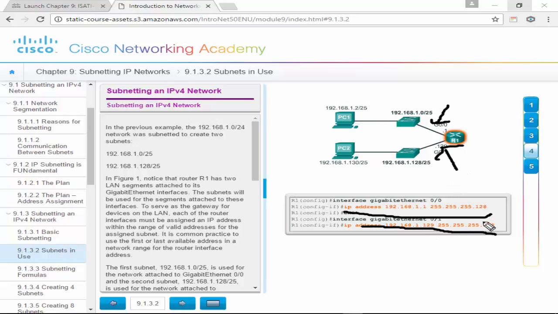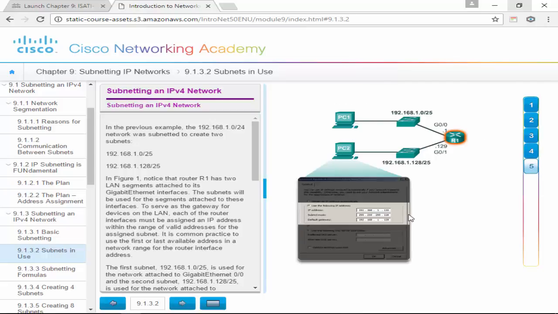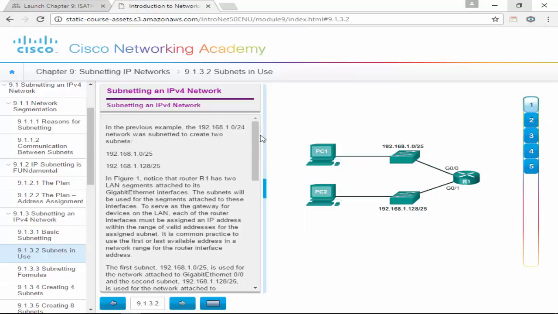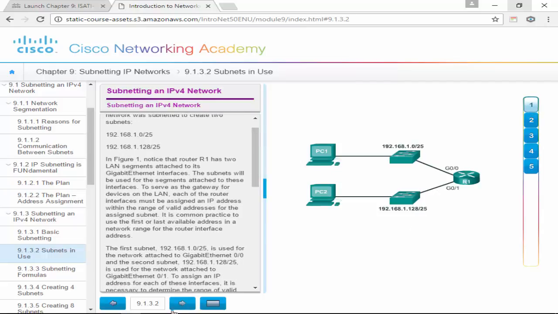And notice the subnet mask is a /25 or a 255.255.255.128. And they assign the host another one. What do they assign the host? I can't see it. 130 it looks like. So the next usable host. Okay, so that's subnets in use.